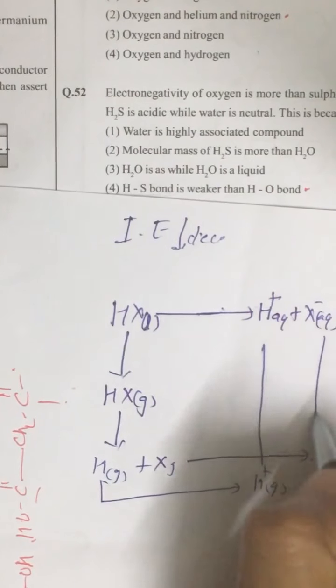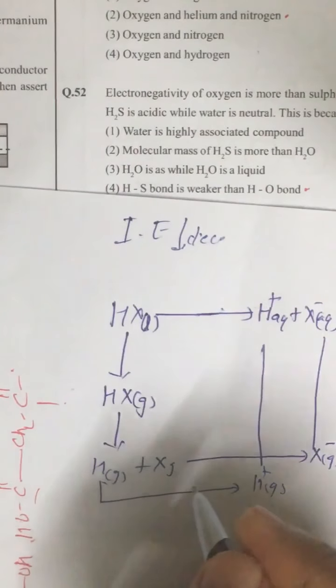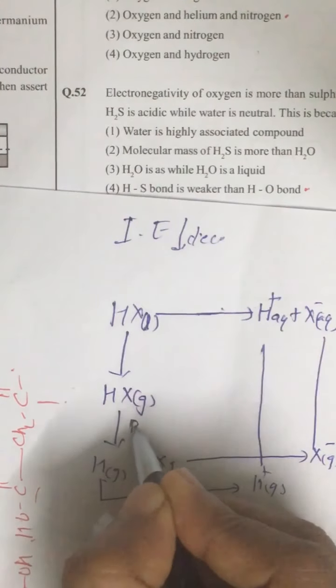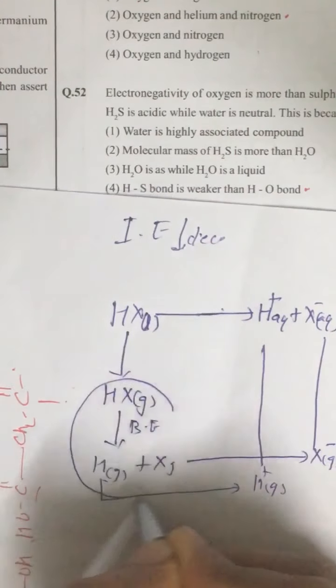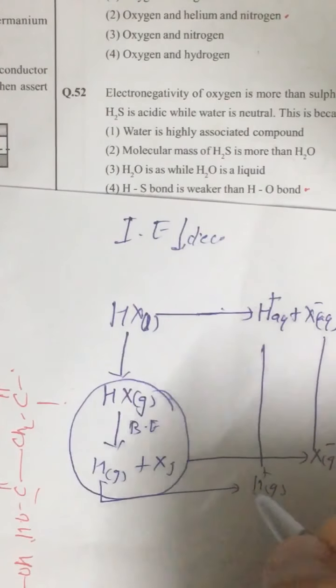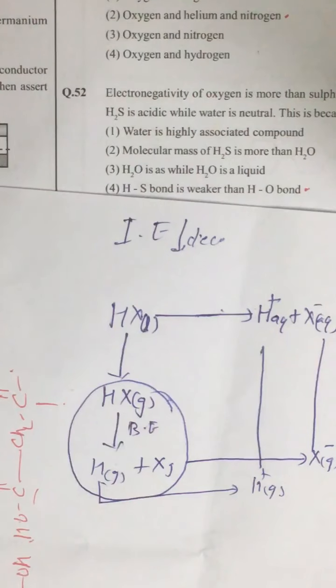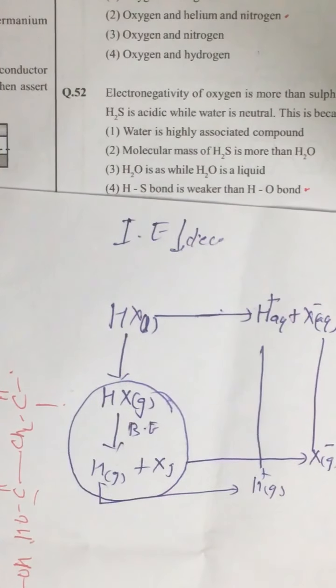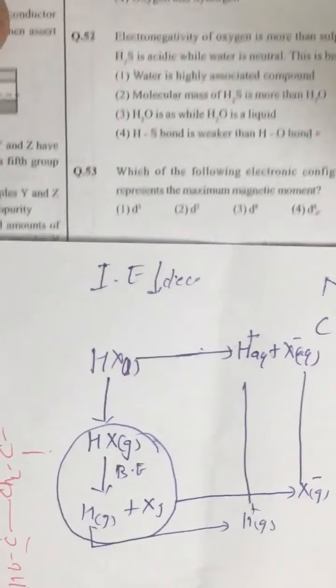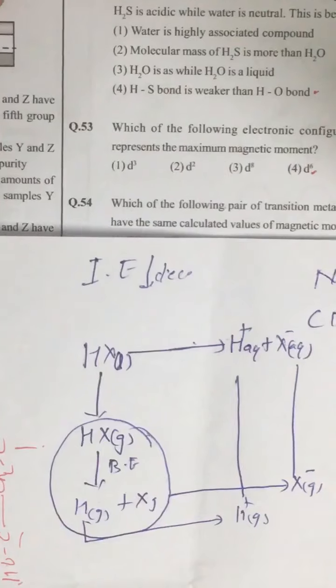Finally, this is hydration, the heat of hydration. So one of the factors is bond energy. The greater the bond energy, the lesser is the acidic strength. So H2O is a weaker acid than H2S because of bond energy. So the correct answer is the fourth option.